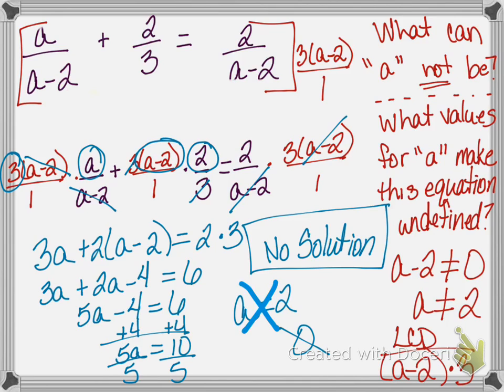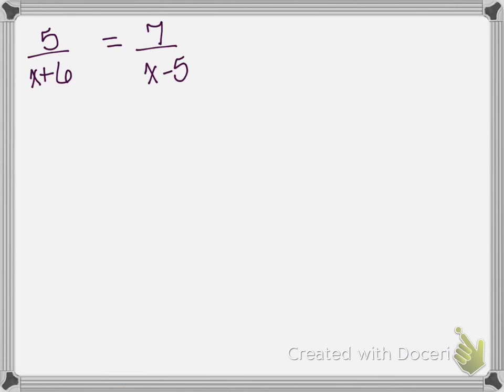Can I go to the next one? I am going to give you 2 minutes to try this one. The first thing that you're going to find is your undefined values. What can x not be?